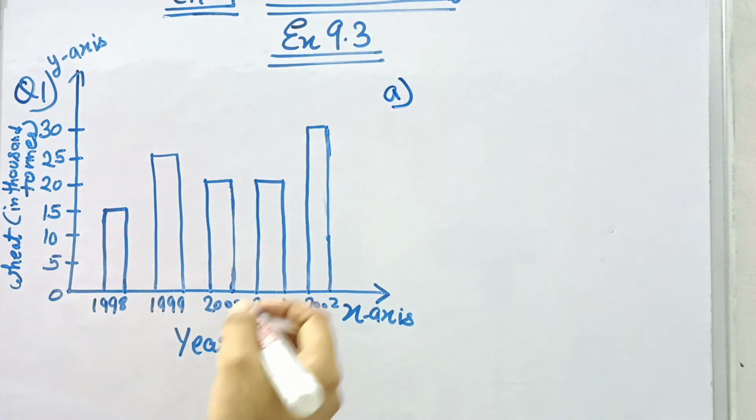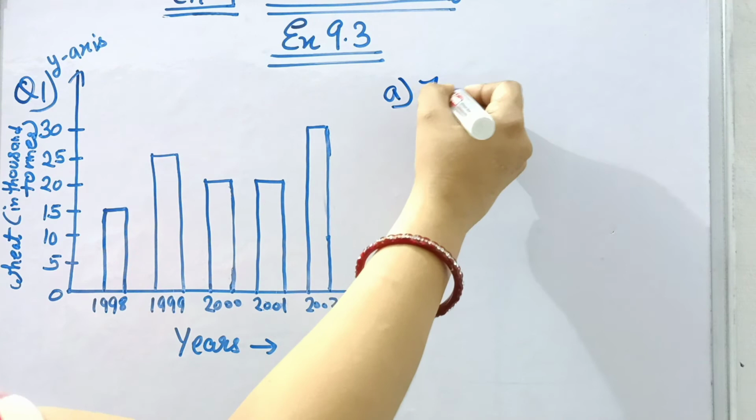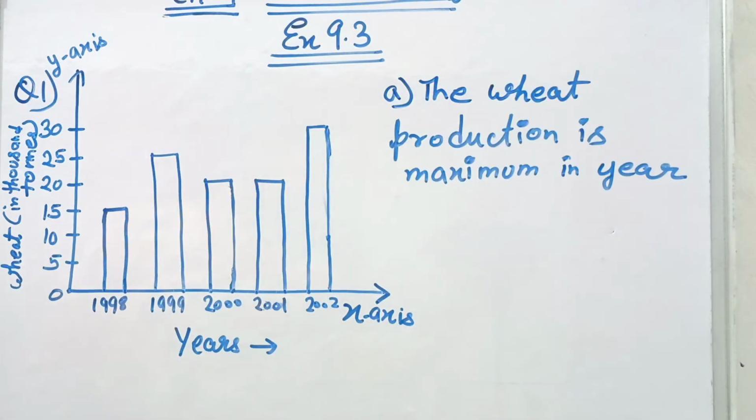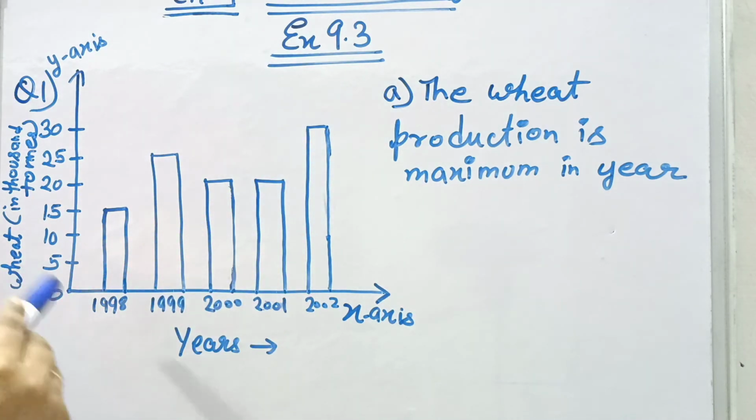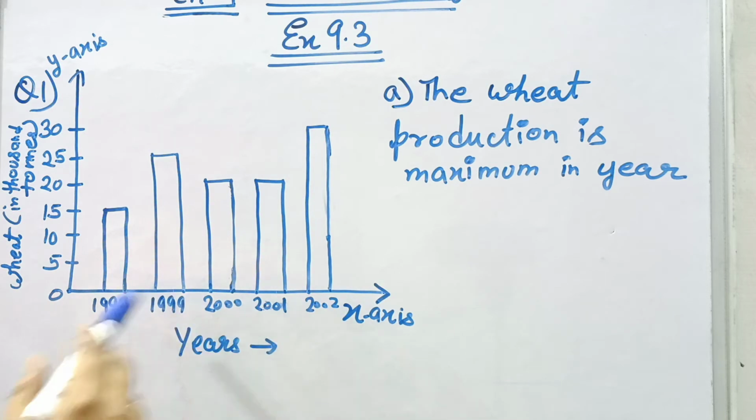Firstly, they are asking in which year the wheat production is maximum. So for the maximum production, we will look at the tallest bar. We can see that on y-axis they are showing the data of wheat production in 1000 tons, and on x-axis they are showing the data of years.